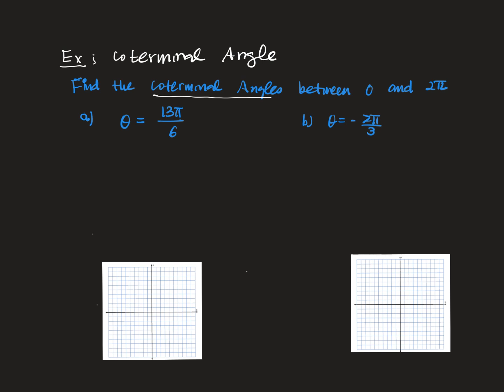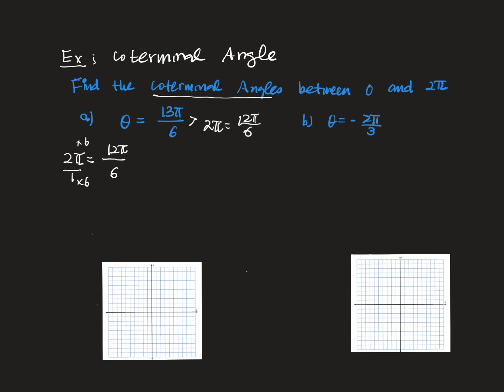Let's talk about 2 pi, which is one revolution. With denominator 6, 6 times 2 is 12 pi over 6. So 13 pi over 6 is bigger than 2 pi, meaning it's more than one revolution.